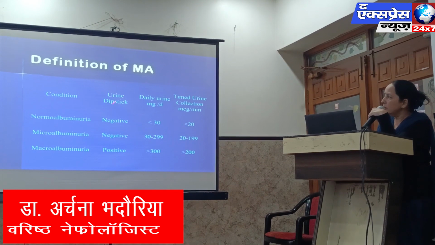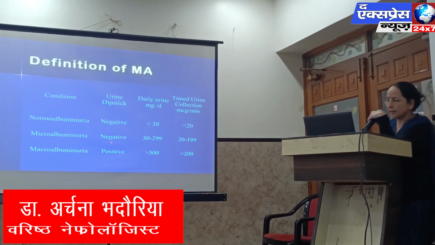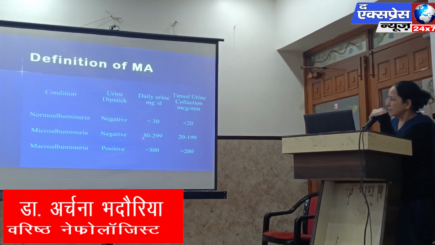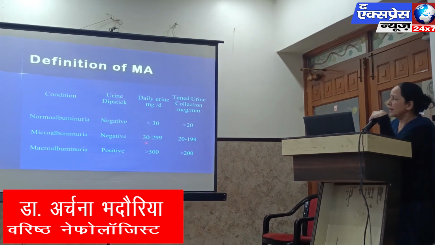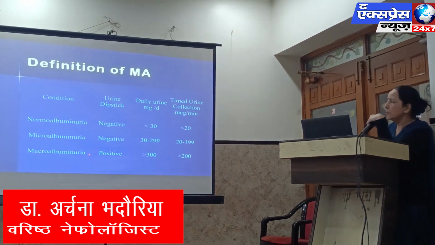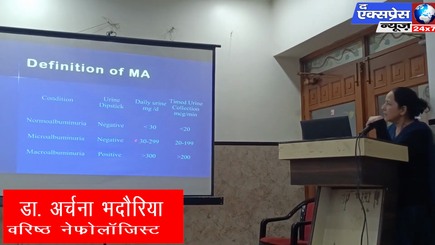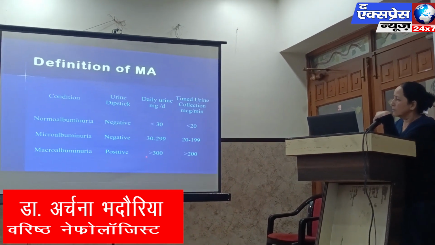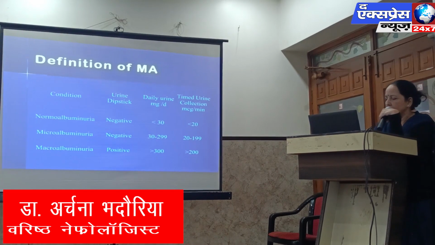In microalbuminuria, urine dipstick will again be negative, and this would indicate albumin excretion less than 300 milligrams. And in macroalbuminuria, dipstick would be positive, and daily excretion would be more than 300 milligrams.